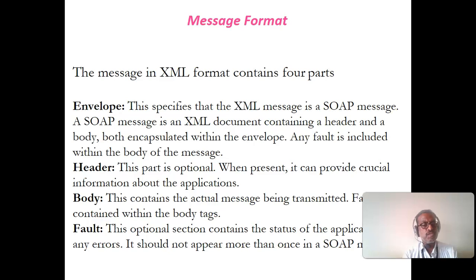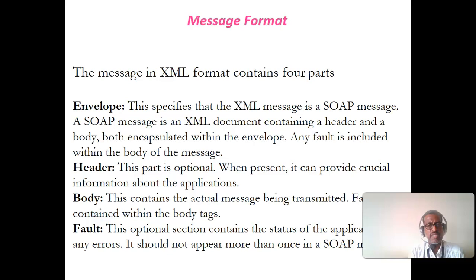Because the same XML message format is used by a variety of protocols. In that case, what type of XML message it is, or which protocol uses this XML message, is specified by means of the envelope.